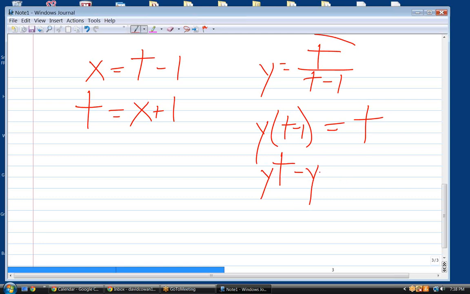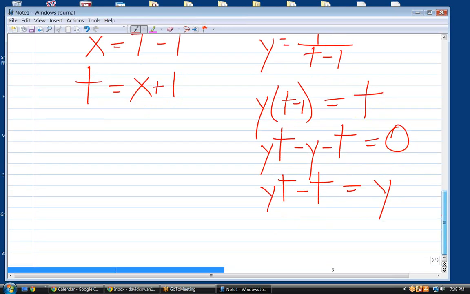And bring the other t over to this side, and bring everything without a t in it to the other side. Remember, we're solving for t, not y. So now how do we solve for t? What's my next step? Take a t out of the left-hand side.